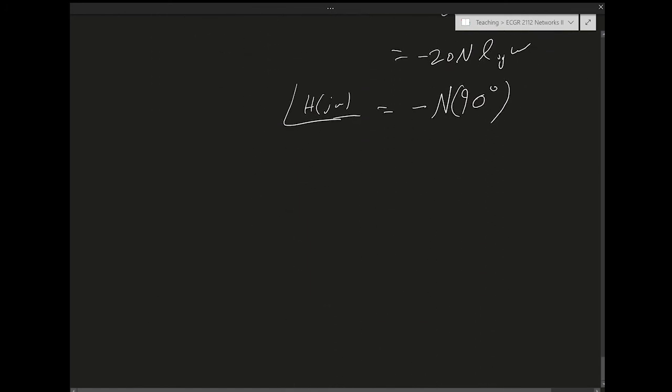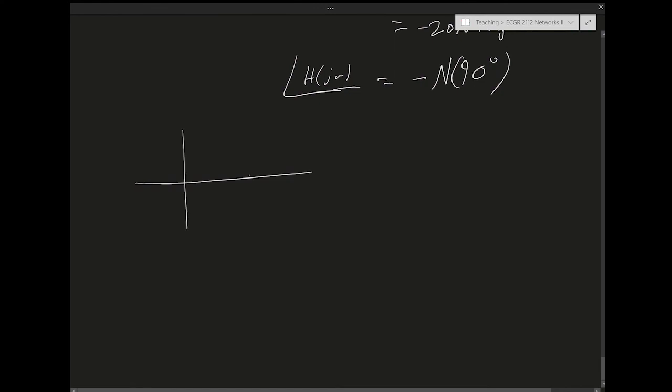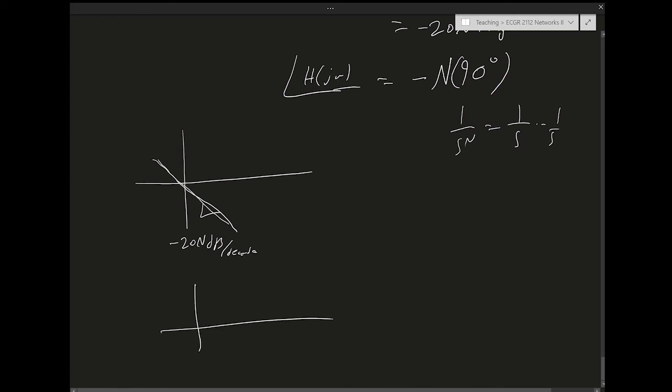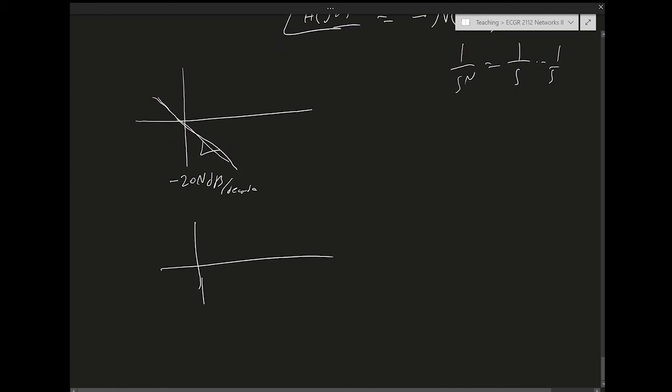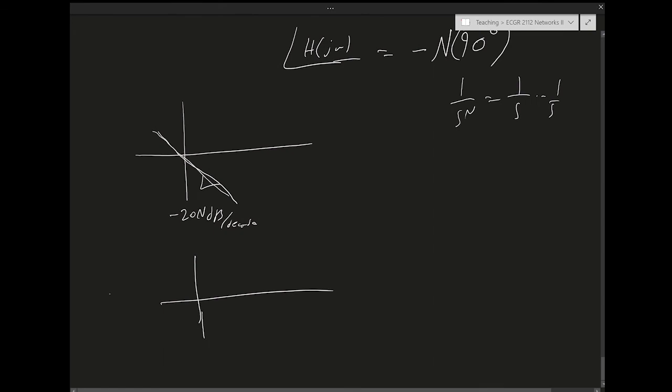And this kind of makes sense, right? Because remember we said that we could add the Bode plots together. So 1 over s to the n is equivalent to 1 over s times 1 over s, n times. So just adding straight lines together, we end up with a resultant straight line that has a slope equal to minus 20 n dB per decade. And just adding the phases together, I have minus 90 for each one of those 1 over s's.